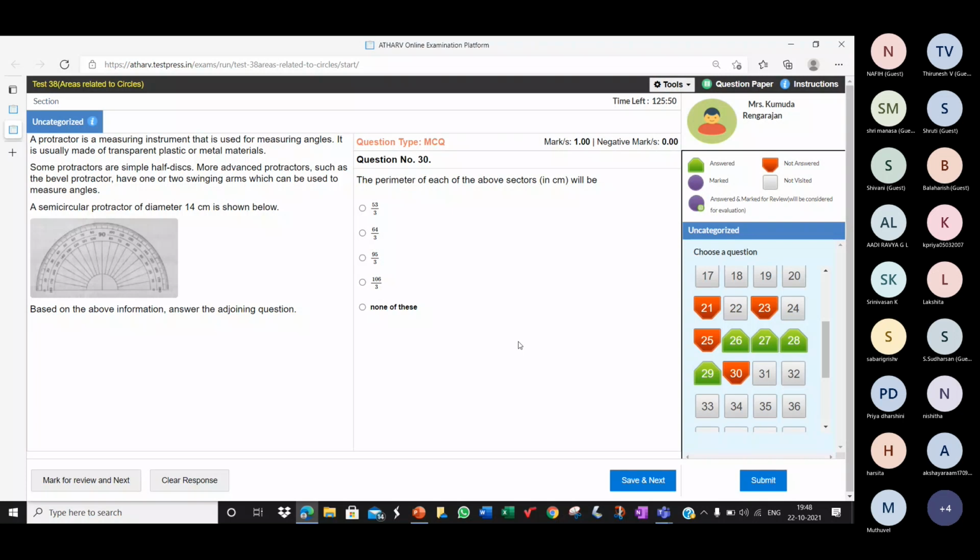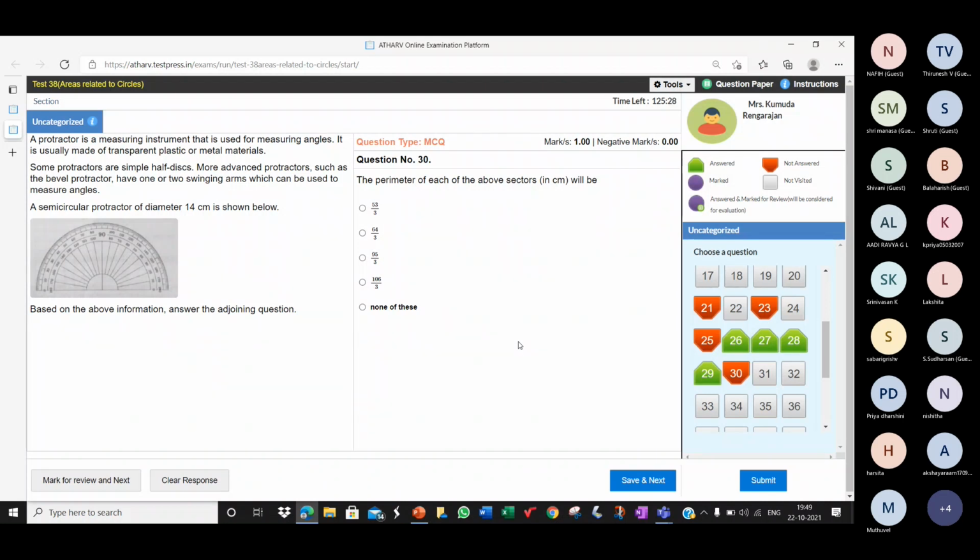Okay, the sector angle is 30 degrees because on the protractor you have 180 degrees divided by 6 sectors, so 30 degrees.